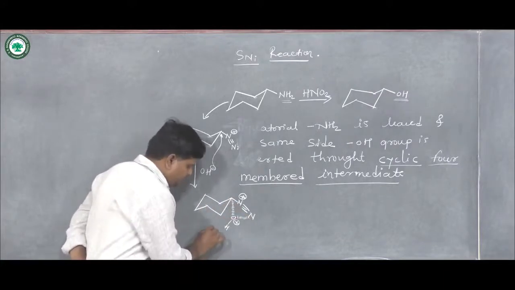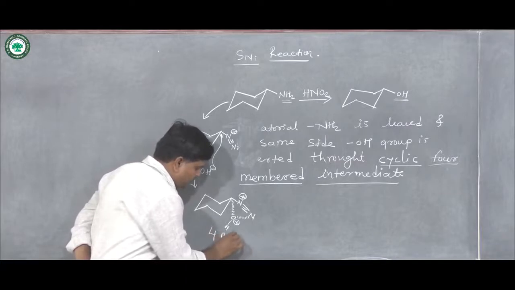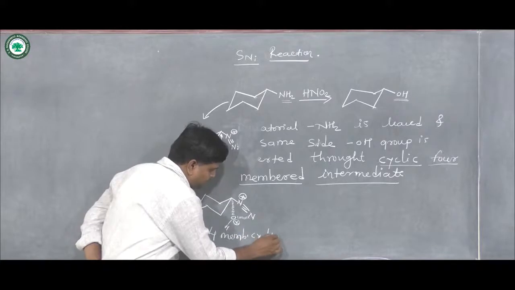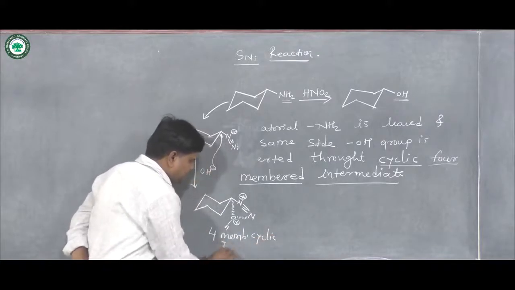So here we write four-membered cyclic intermediate.